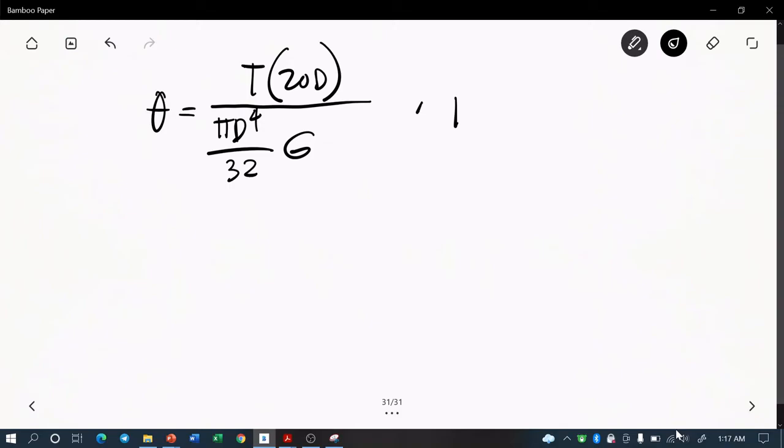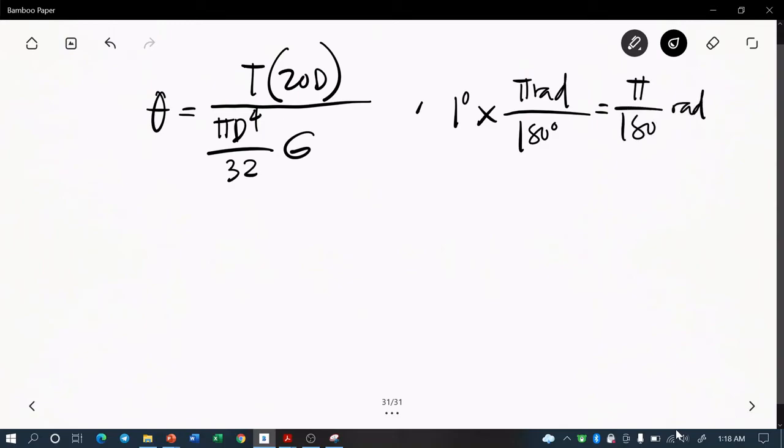So we're going to convert first the 1 degree into radians, a unit of angle. Pi radians is equal to 180 degrees, so we have pi over 180 radians.